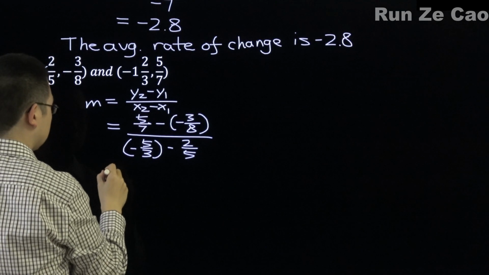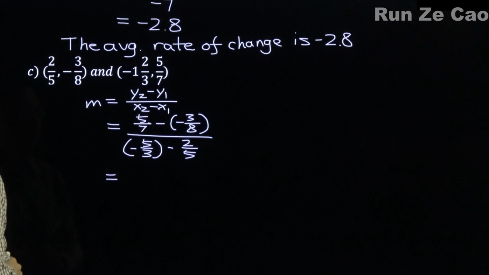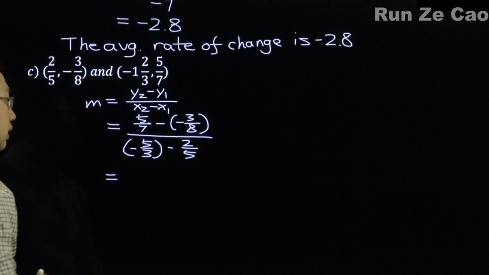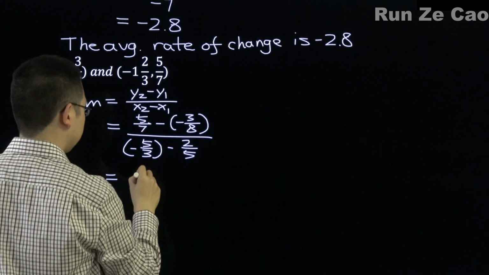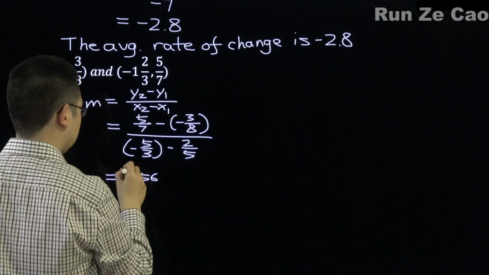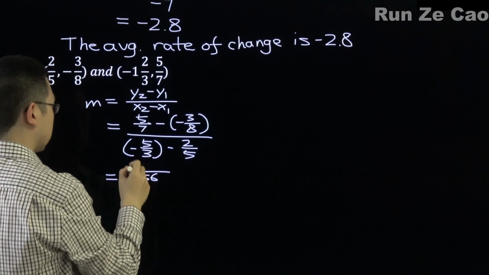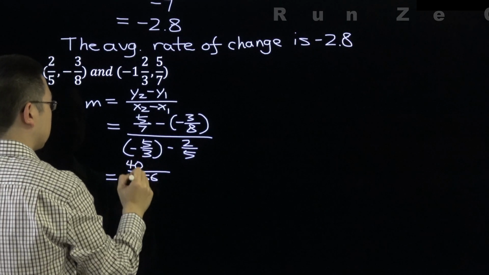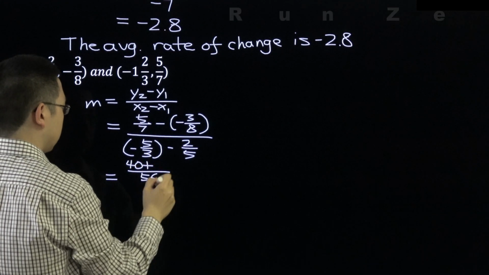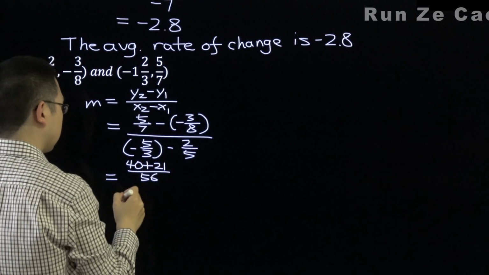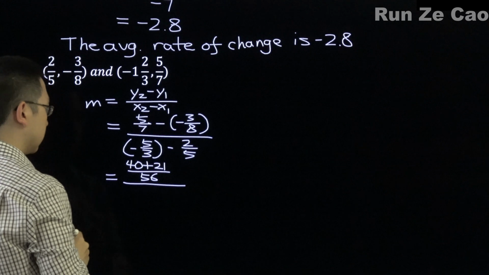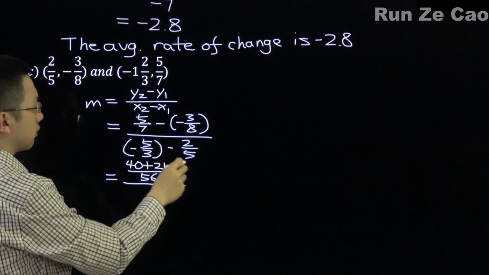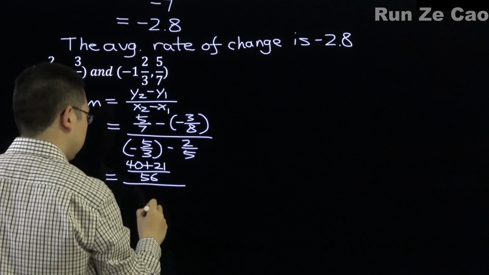So this is equal to, well, 7 and 8 we can go for 56. So this would be 40 plus 21 over 56, and this is over 3 and 5. We can go for 15.